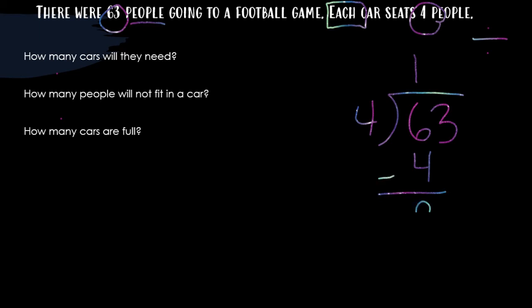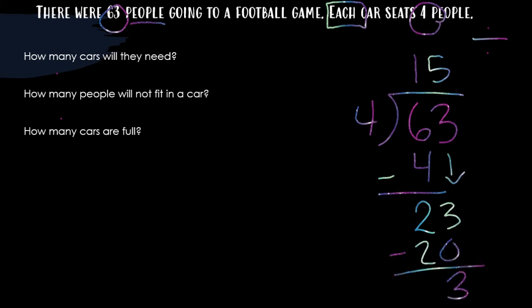That leaves me with 2 tens left over. I'm going to bring down my 3, and I can make 5 groups of 4 out of 23, which is 5 times 4 is 20. I subtract that, and that leaves me a remainder of 3.